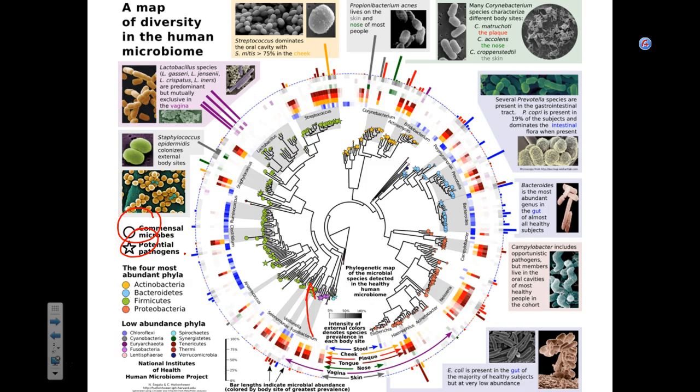What I want to highlight is the cheek, plaque, and tongue: the yellow, red, and maroon colored microbes.